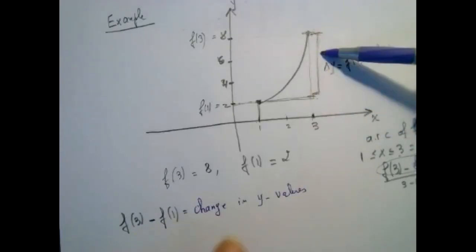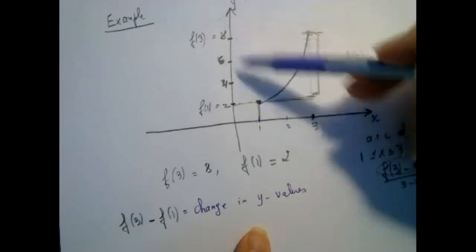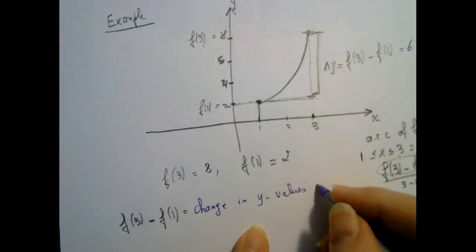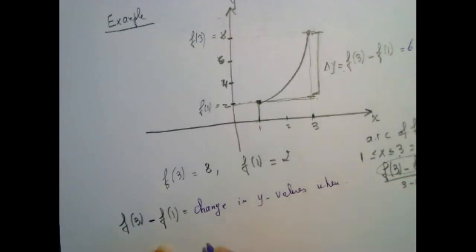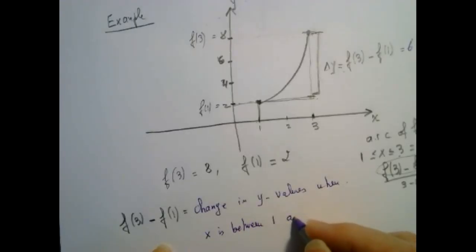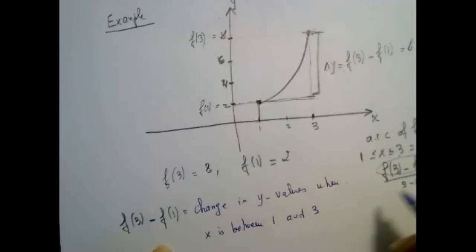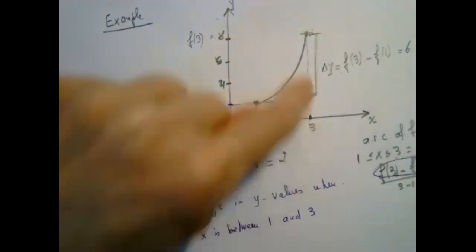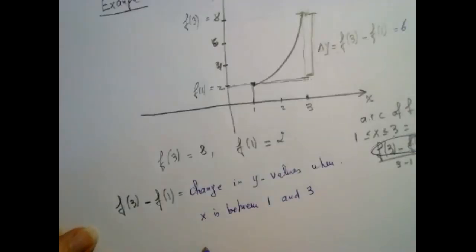So when I take the difference, it changed by 6 units from here to here. So it's the change in y value when x is between 1 and 3. That's going to be the top part of the formula. It's how much the y value changed, and we use the notation delta y.